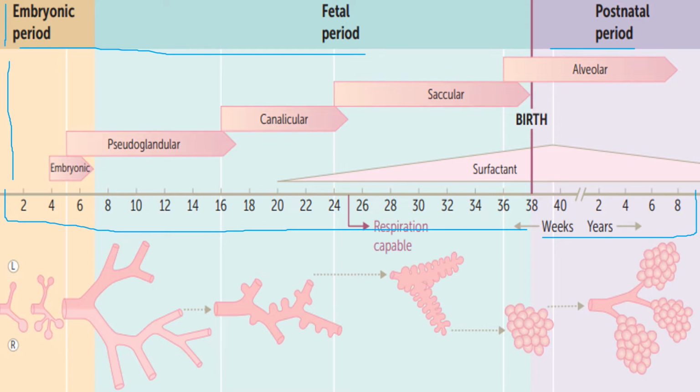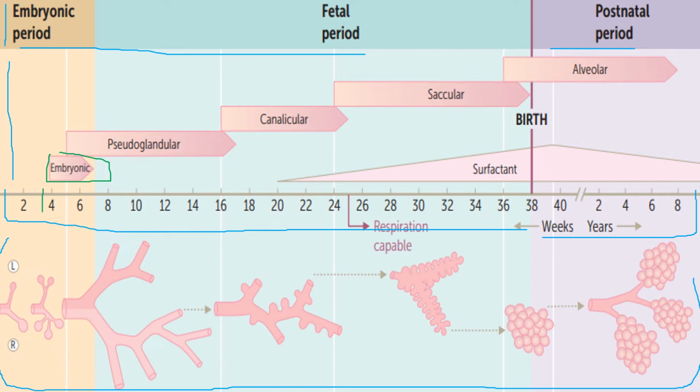And here you can see the lung development occurring in each particular stage as shown here. So first we'll talk about the embryonic period. It lasts from week 4 to week 7.